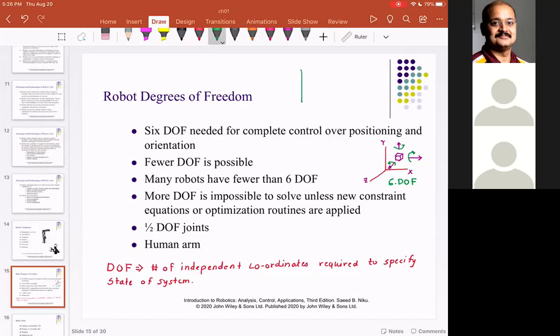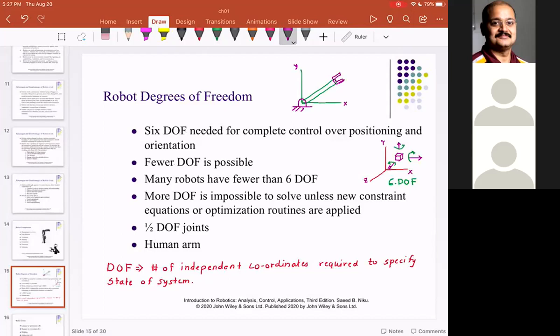If you think about a very simple robot, I'm going to call this a link robot, wherein this is just a link in a two-dimensional plane, which is X and Y, and this is an end effector.